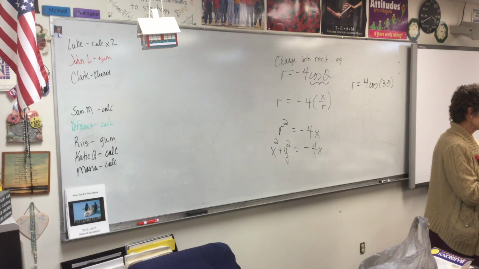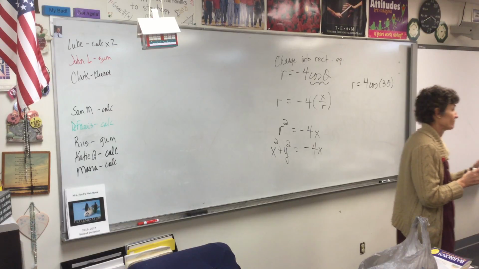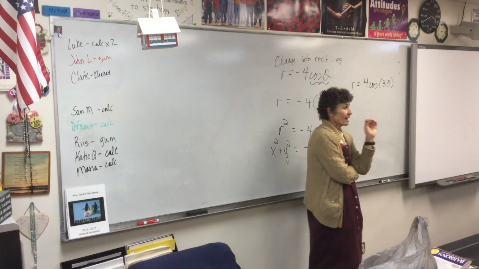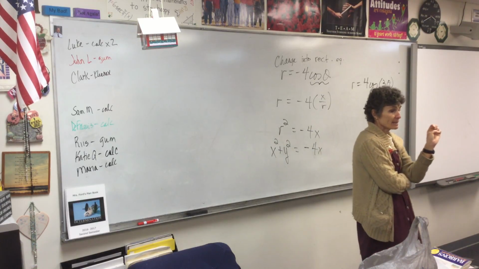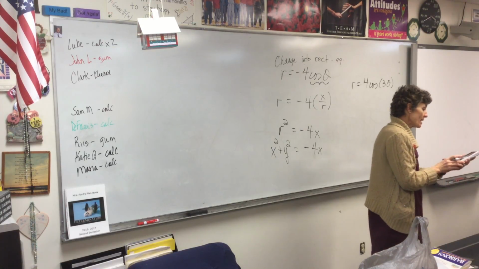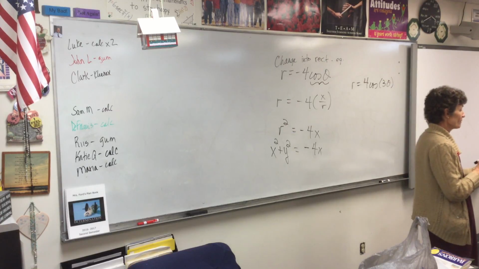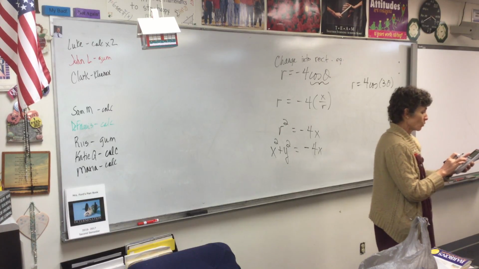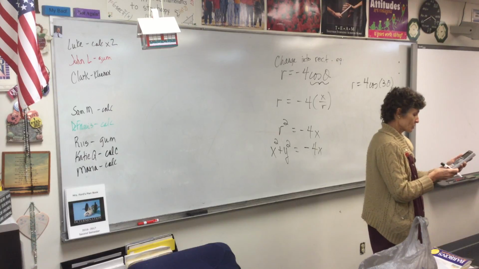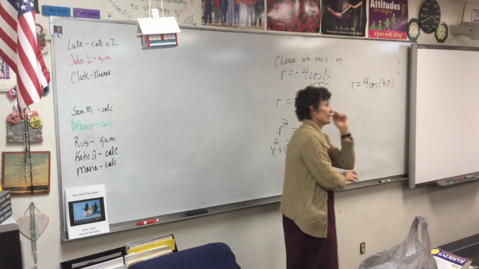So my x min, y min, -5, x max, y max, 5. Now when I graph, it's a little bit bigger picture. But now I'm going to zoom square, so I get a really good picture.